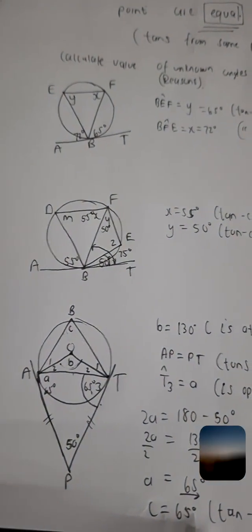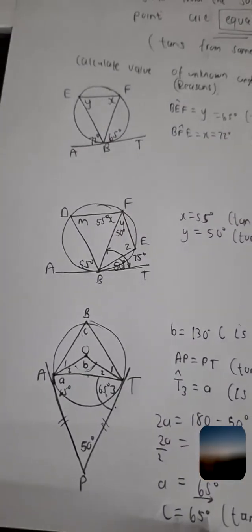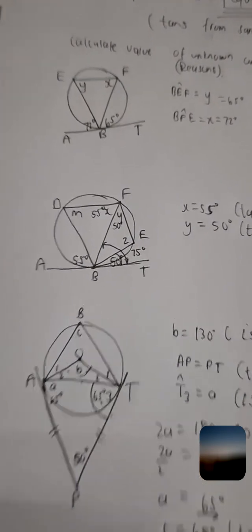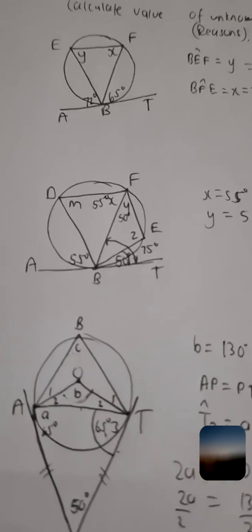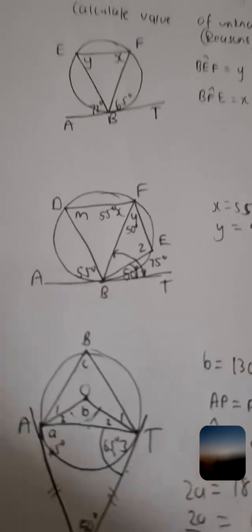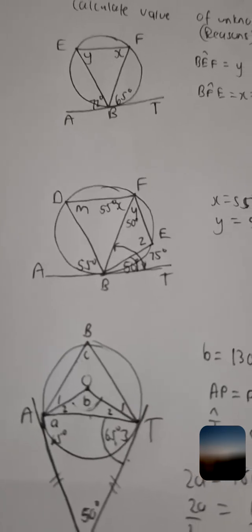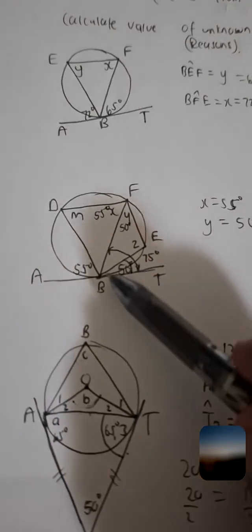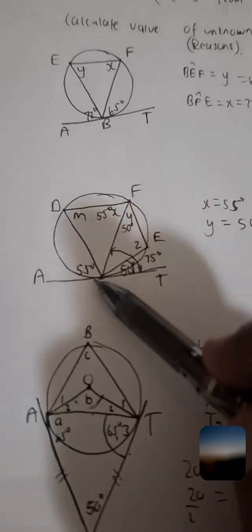So you said that 75 says it's for the whole angle, right? Yeah, it's for the entire angle. Okay, let me see something here, sir. I see something, but I'm not sure if it's correct. Angle FBE.